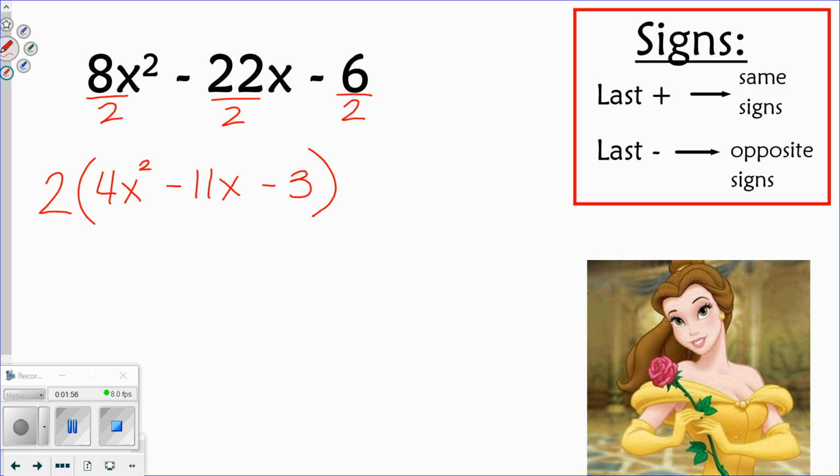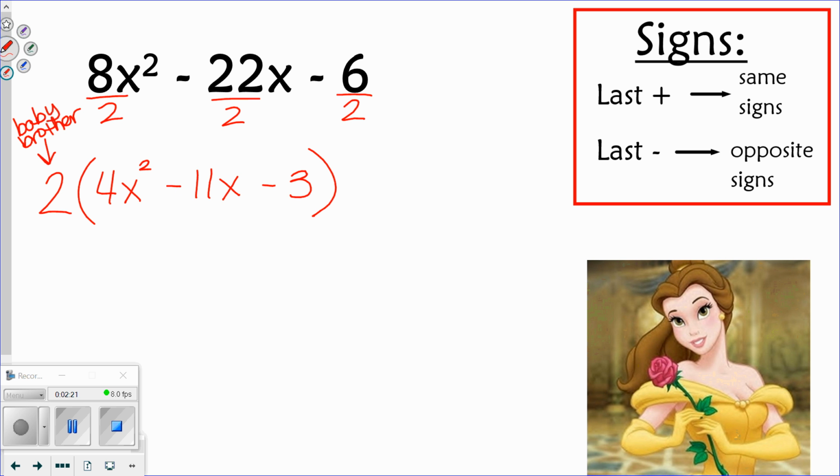Now, you're going to hear me refer to a lot, you'll hear me tell you that you lost your baby brother. I like stupid ways to remember things, okay? You're going to get that from me. So when you hear me say that, I'm referring to your GCF that you pulled out. I don't know why, but students all the time take out the GCF, but they don't ever write him down anywhere.